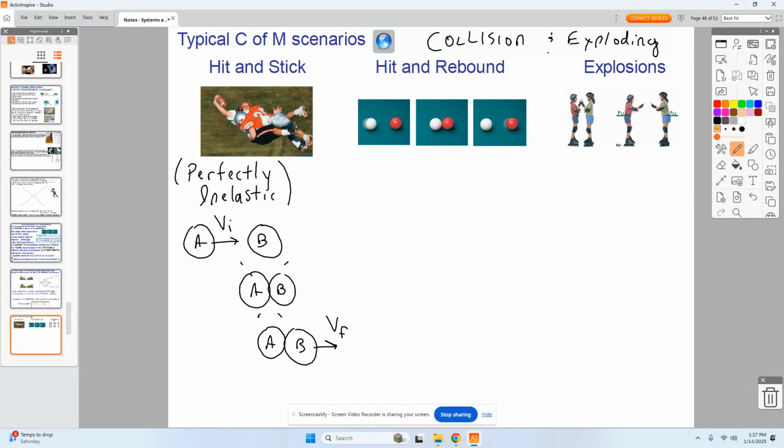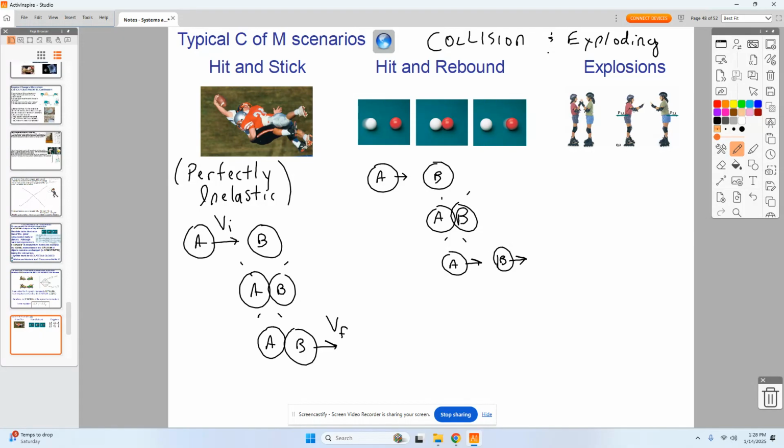Now, hit and rebound, the typical situation here is that we have one object coming in, A, collides with object B, and then each object moves separately after the collision. Sometimes they move in the same direction.